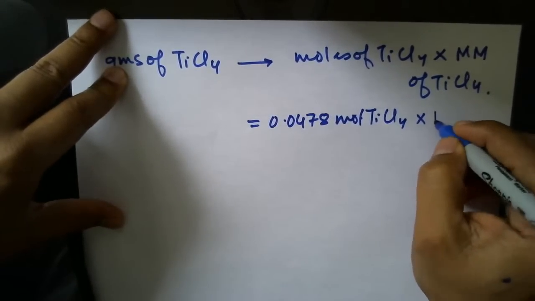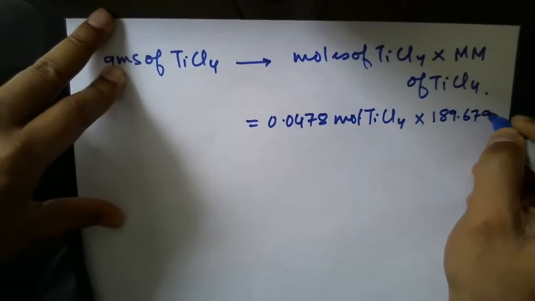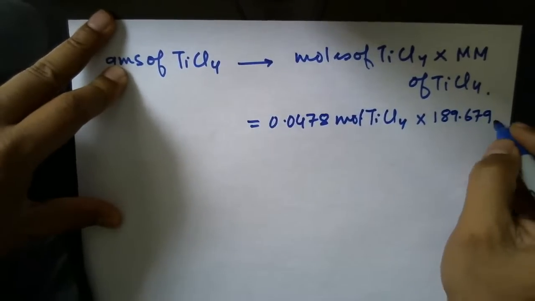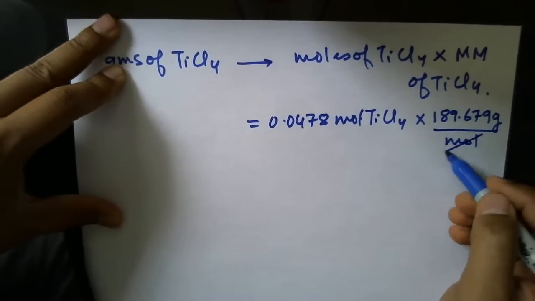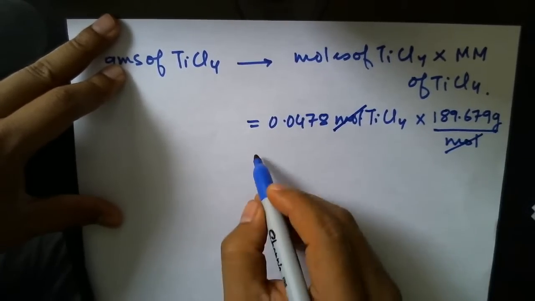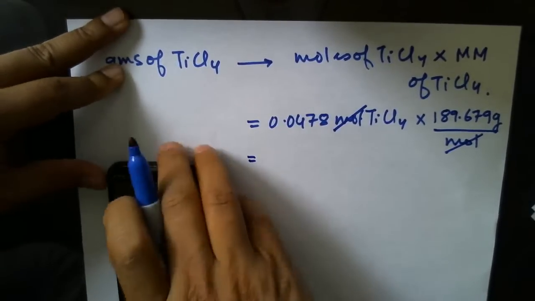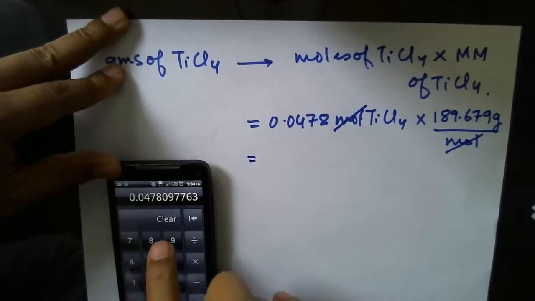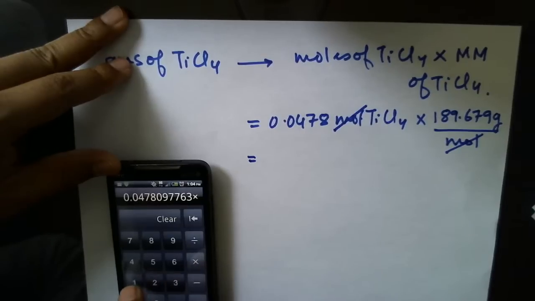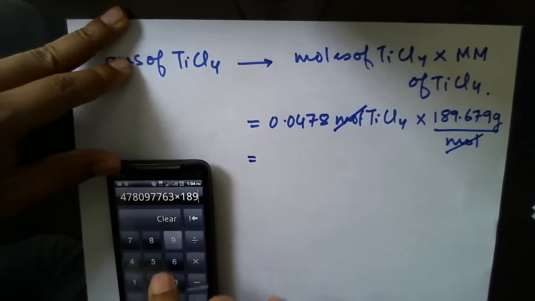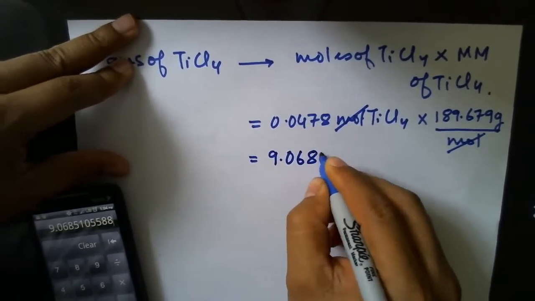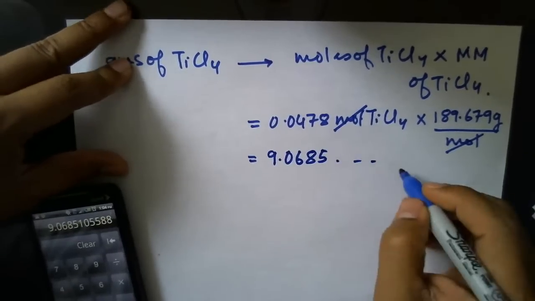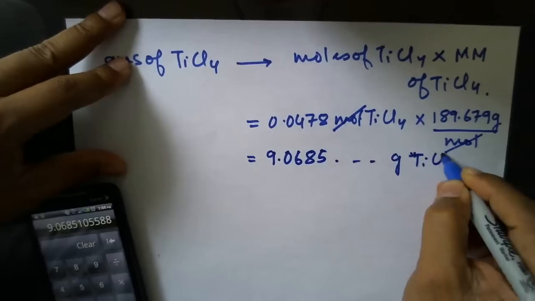So we're gonna take 189.679, see if I'm right, okay, grams, put grams on top, divide that by moles, because that's the unit factor you want to use. Cancel moles, which leaves us with grams. So if you do the math out here, that should give you 9.0685, and it keeps going, grams titanium tetrachloride.